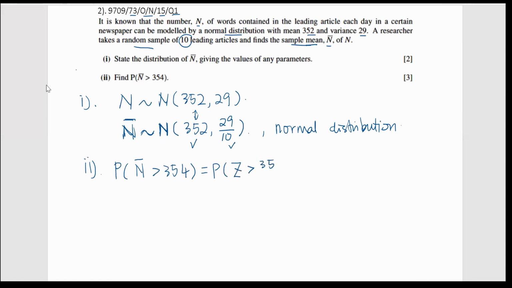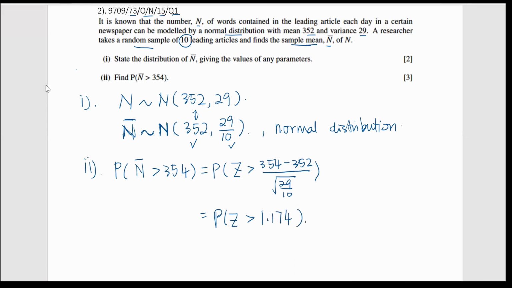So taking 354 minus 352 divided by the square root of 29 over 10. Okay, let's find out this z-score value. So the z-score up to 3 decimal places is 1.174.